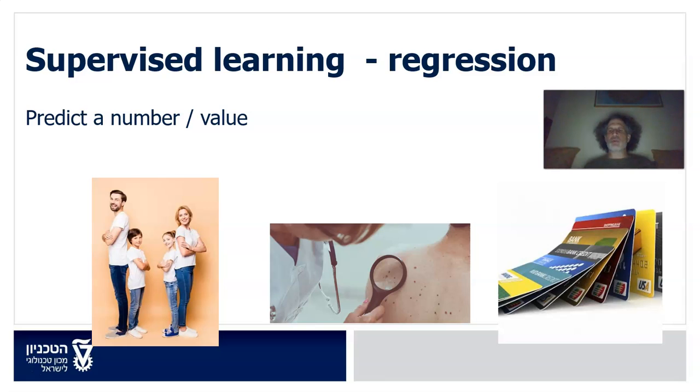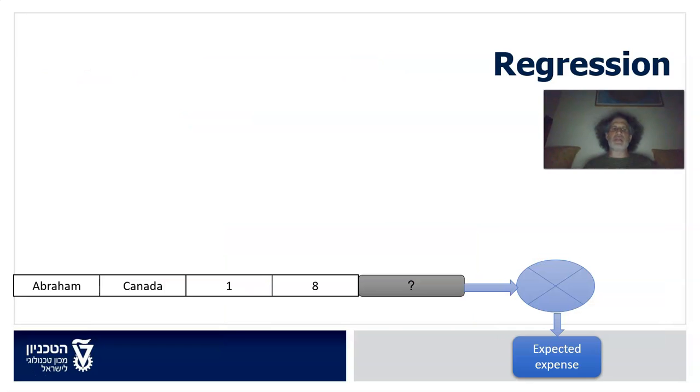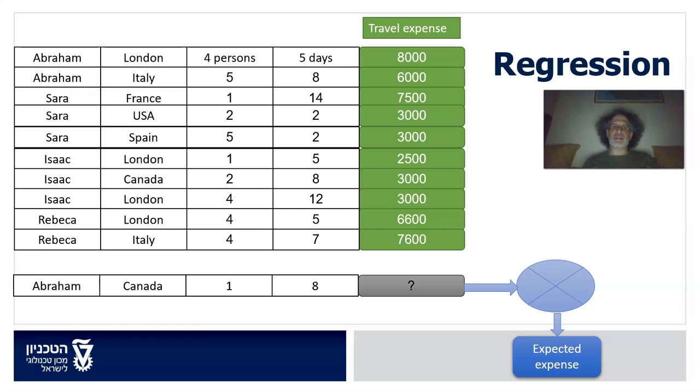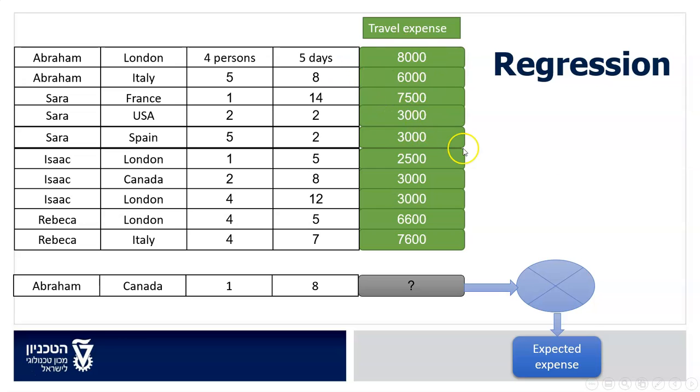For regression, we are going to do the same, but this time we are going to predict a number and not a category. In the example here, we want to predict how much Abraham is going to spend on his travel to Canada. We have a dataset of many other travels abroad, some of Abraham, some of other people, and we have here the destination, how many persons, how many days, and what the travel expense was.